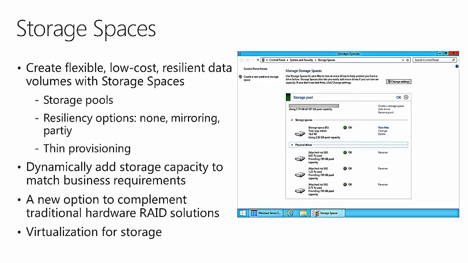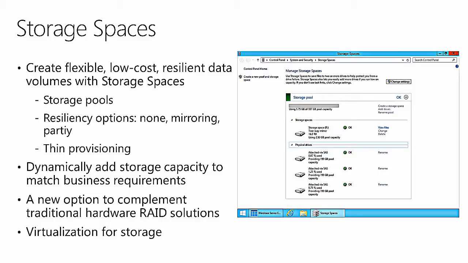So if you have, for example, 2 physical drives in your server, and they're both 1 terabyte drives, but you know that your storage needs continue to grow over time, and you want to plan and prepare for that in the future, then you can use thin provisioning to create a virtual disk that has 16 terabytes of capacity in terms of what is seen by Windows Server as the volume size, but it's being backed by either 2 terabytes if you don't use mirroring, or 1 terabyte if you use mirroring for those two 1 terabyte drives.